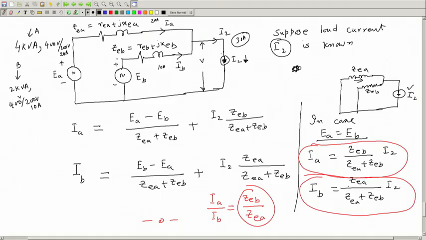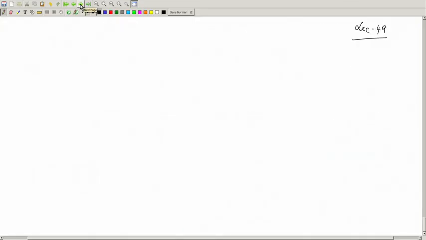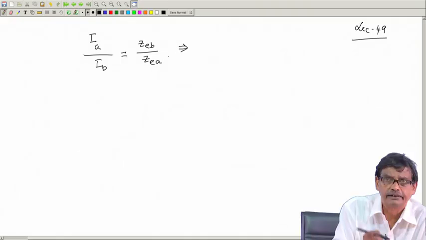Mind you, these are all phasors here: IA, I2, IB, and I2 is known. Now, the ratio of IA and IB has become equal to ZEB by ZEA. Up to this point we have done. Therefore, in the transformer it has come like this: IA by IB is equal to ZEB by ZEA, which is a phasor relationship.